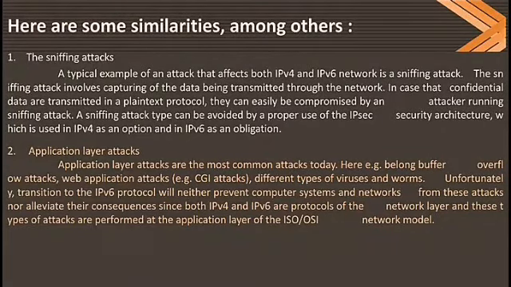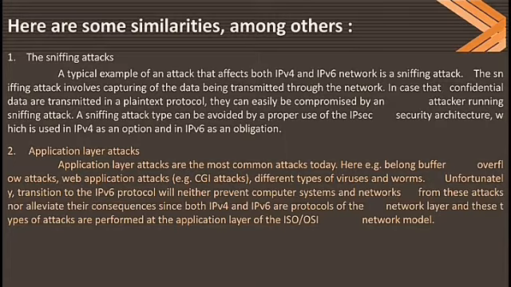Here are some similarities, among others. 1. Sniffing attacks. A typical example of an attack that can affect both IPv4 and IPv6 networks is a sniffing attack. Sniffing attacks involve capturing the data being transmitted through the network.